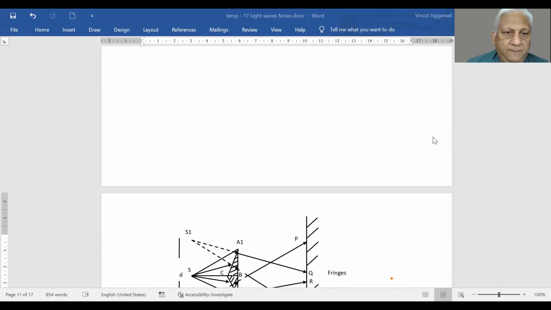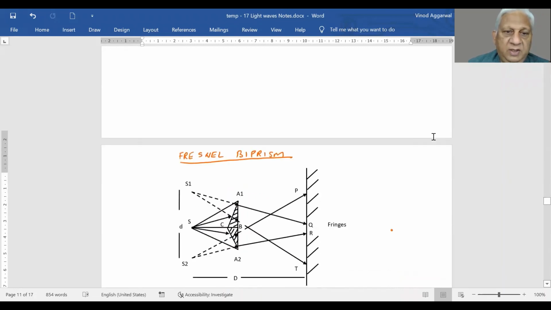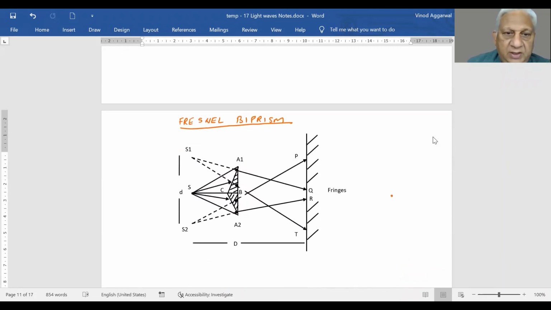Next topic is Fresnel biprism. What is a Fresnel biprism? It is basically a combination of two thin prisms, one like this and another one like this, with very small base angle.